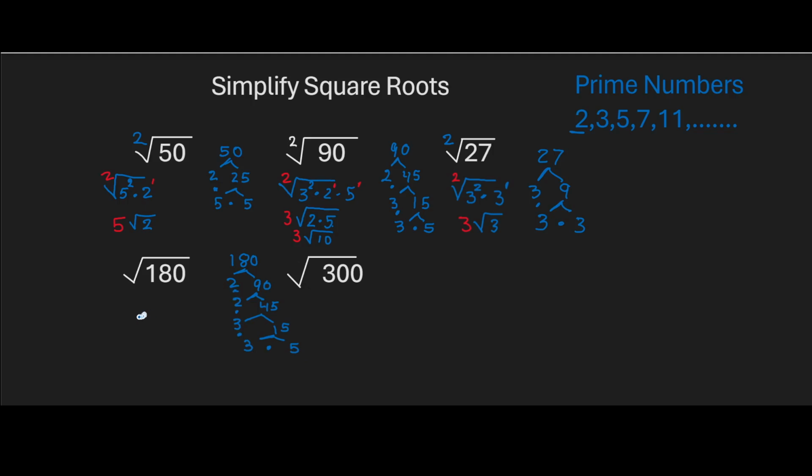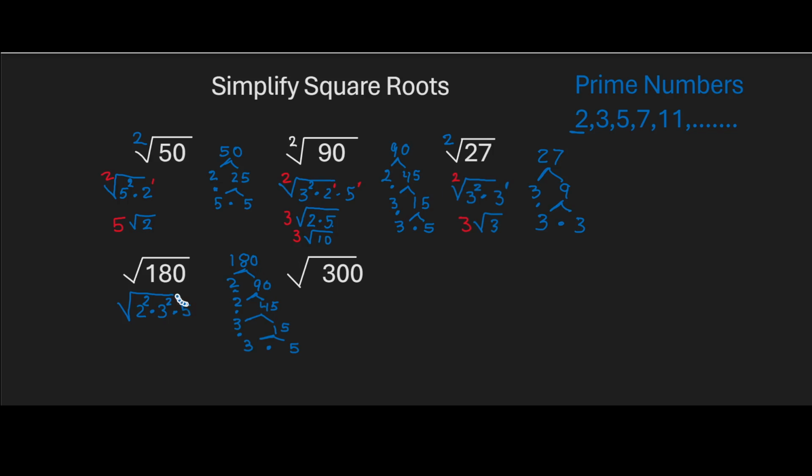Okay, so what I'm going to do is rewrite all these numbers inside the square root so that hopefully I can rewrite them with an exponent. In this case, can you see that you have 2 squared? Okay, 2 squared, and that should be times 3 squared, and then times 5.